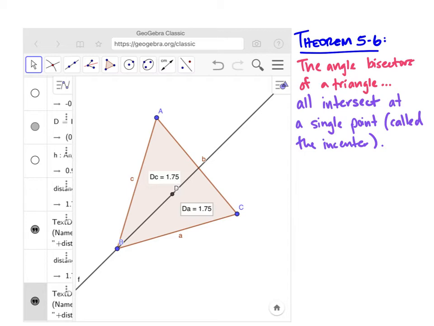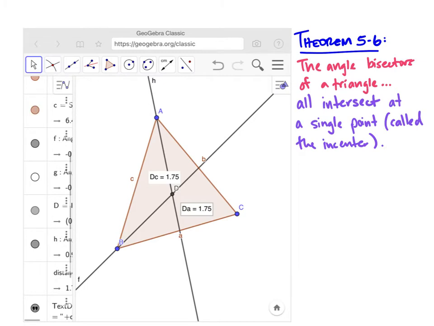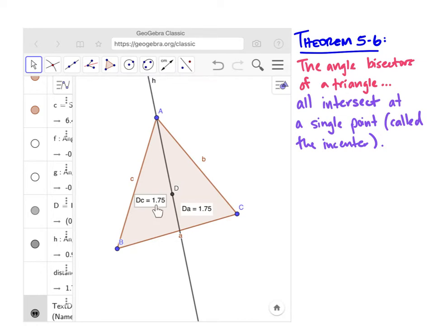But we also need to remember that point D is also on the angle bisector for angle A. So let's put the angle bisector for angle A back on the screen. Now remember, this measurement of 1.75, that's the distance from D to this side. This is the distance from D to this side.